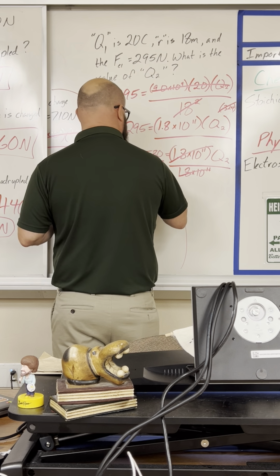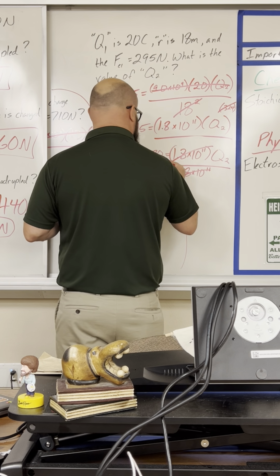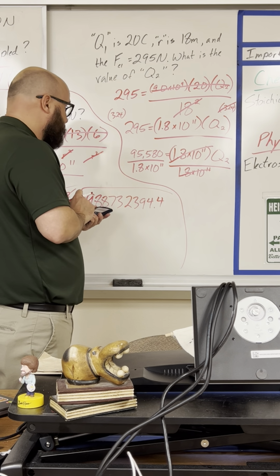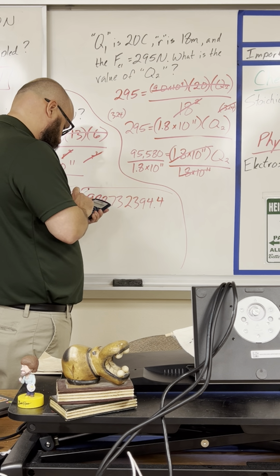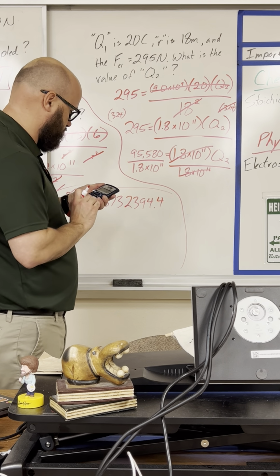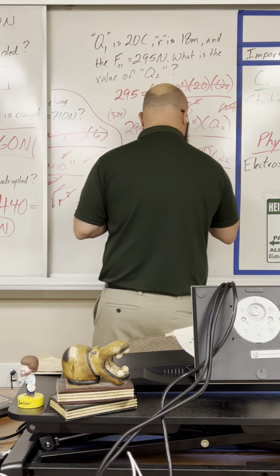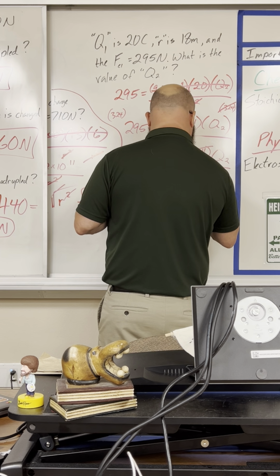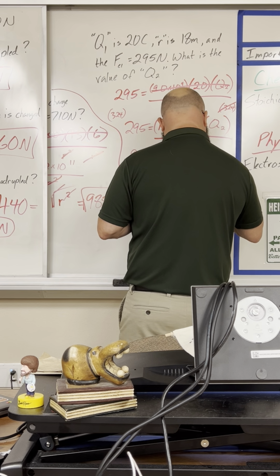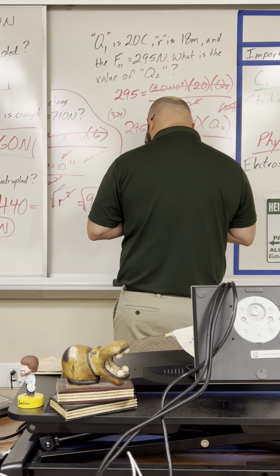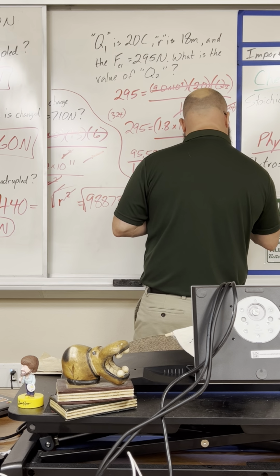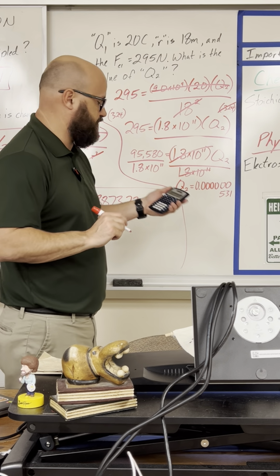Got to do it to both sides. And for Q2, we end up with a very small charge of 0. A lot of zeros, 531.